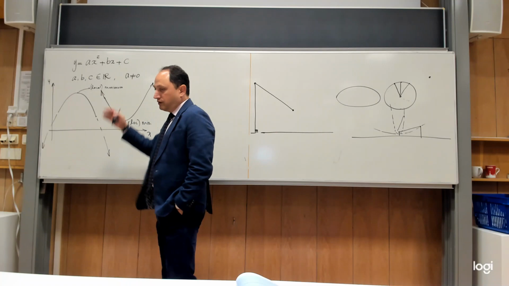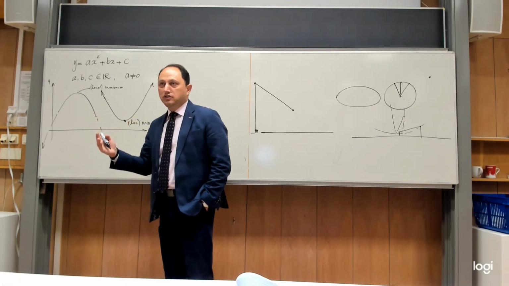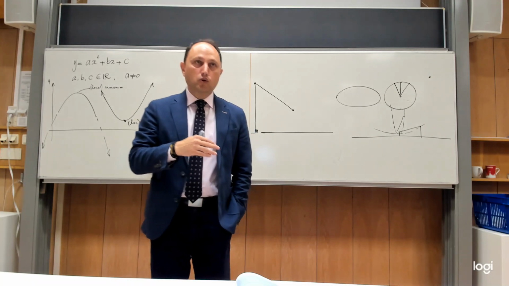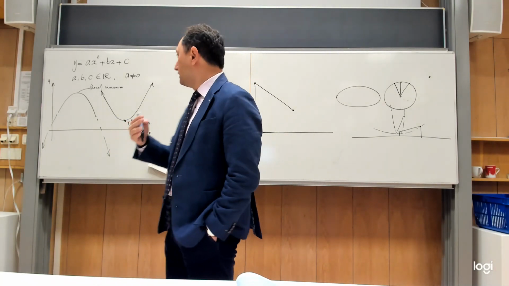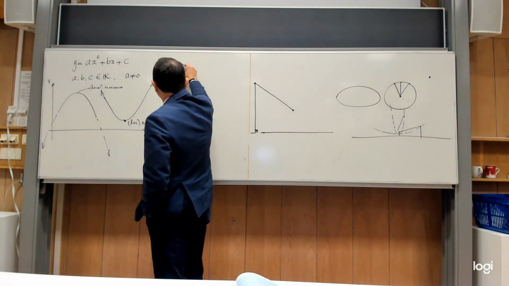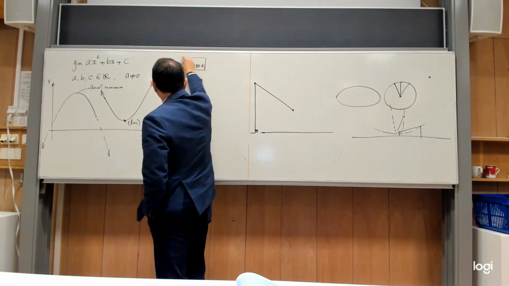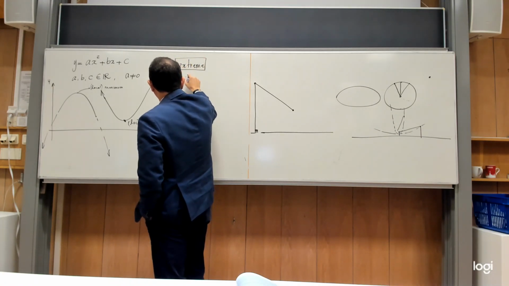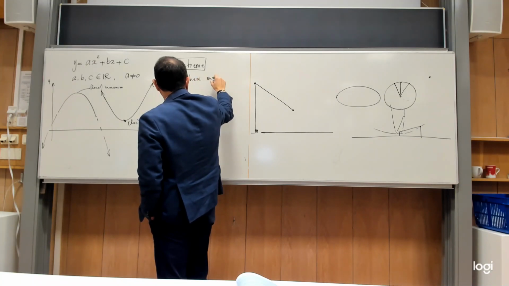Sometimes when we want to talk about turning points, it doesn't matter if it is a maximum point or a minimum point. The thing that we will discover would be correct for both of them. So this is why we use the word extreme point. Okay? So extreme means either max or min.